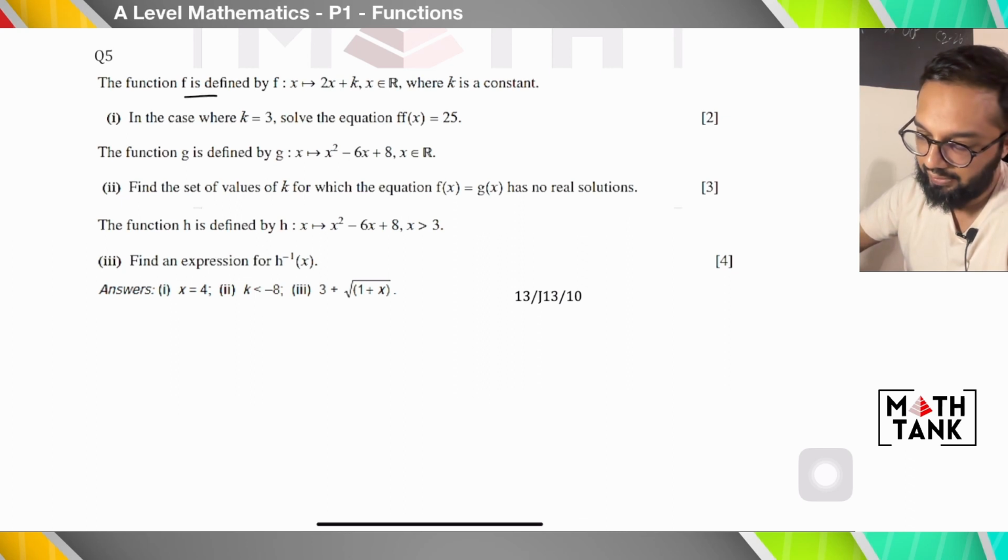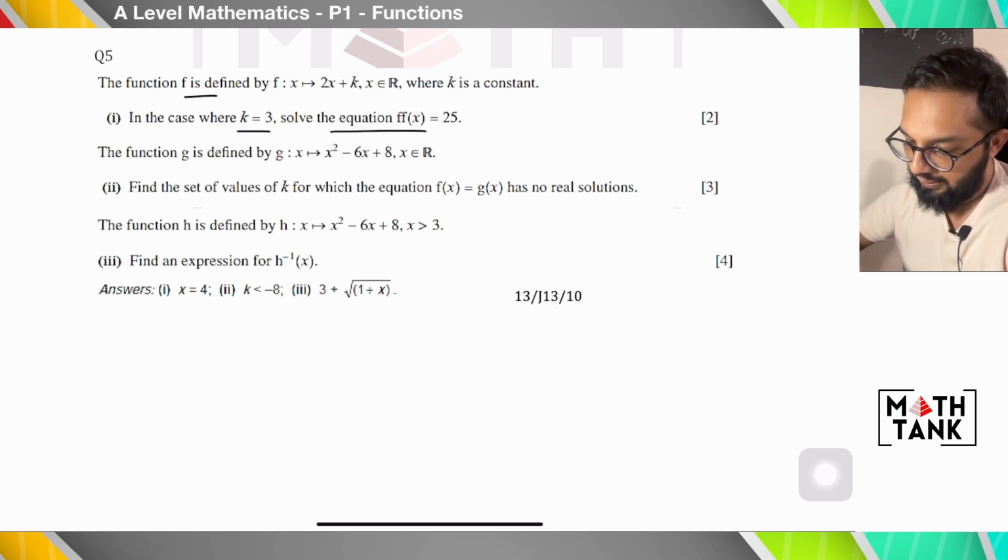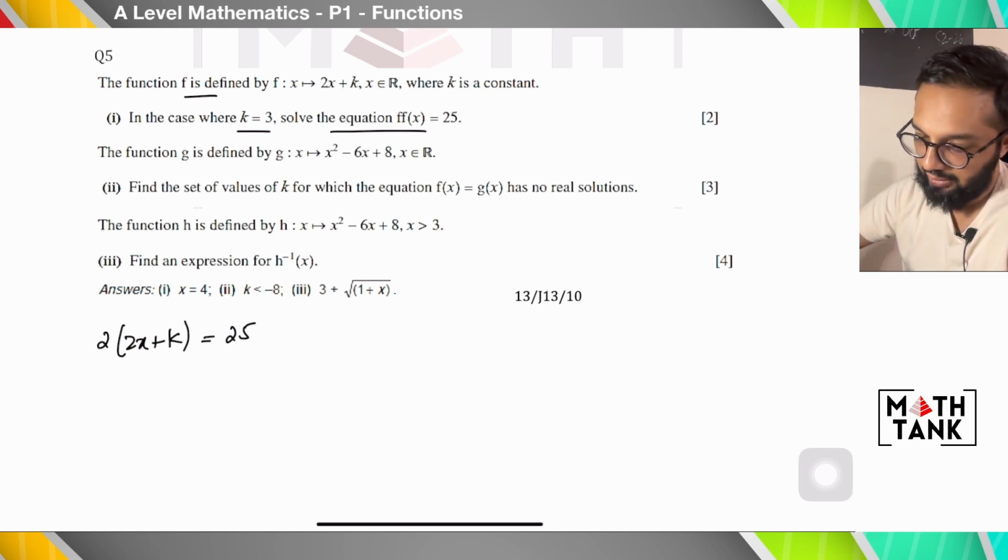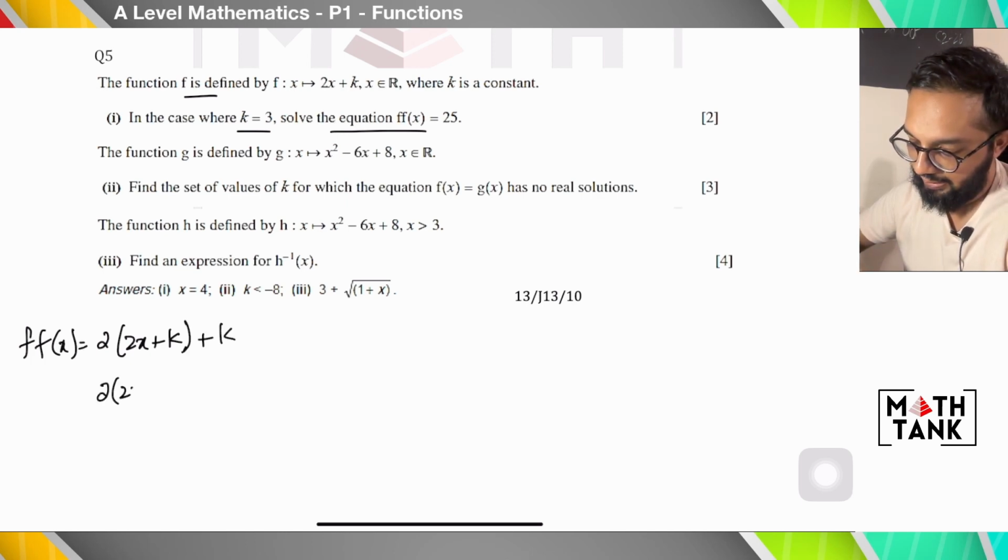The function f is defined by f of x equals 2x plus k, where k is a constant. In the case where k equals 3, solve the equation f of f of x equals 25. So 2 times 2x plus k, plus k, equals 25. Okay, sorry, I missed something. I'm doing f of f of x, so 2x plus k goes inside.